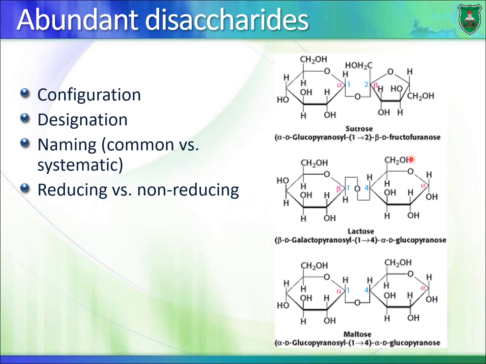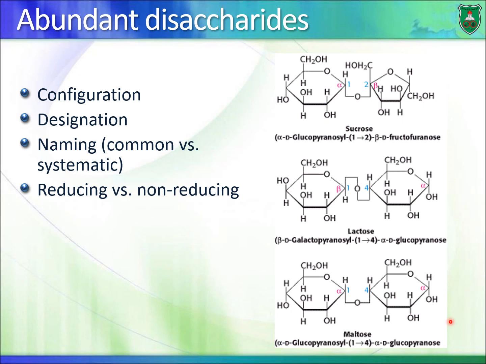Now notice something here. Notice that in these two disaccharides, maltose and lactose, you have a free anomeric carbon right here, which means that these two disaccharides can be involved in reduction-oxidation reactions, specifically that they can reduce other molecules.